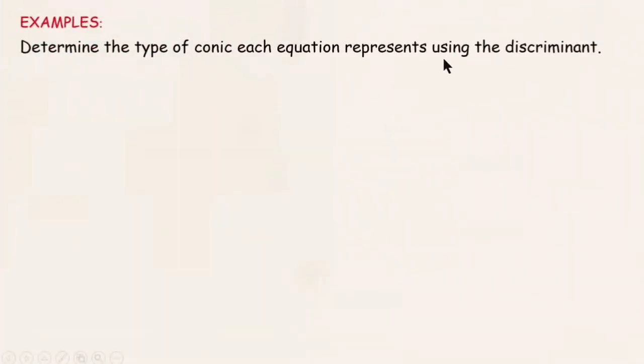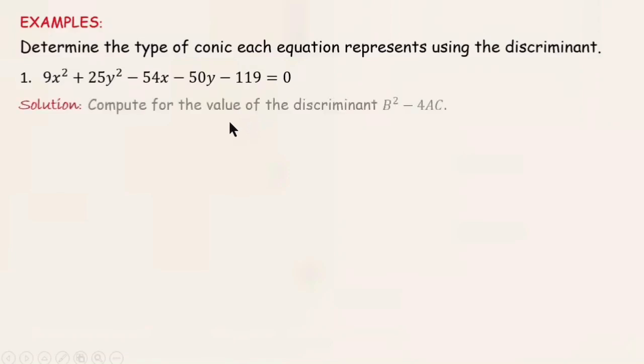Determine the type of conic each equation represents using the discriminant. Number 1. The equation is 9x squared plus 25y squared minus 54x minus 50y minus 119 equals 0. We need to compute for the value of the discriminant b squared minus 4ac. First, find the value of a, b, and c.